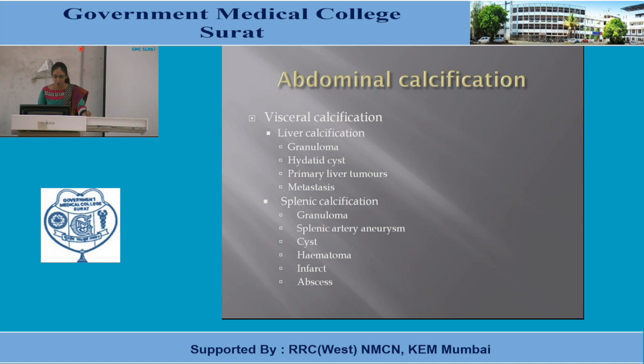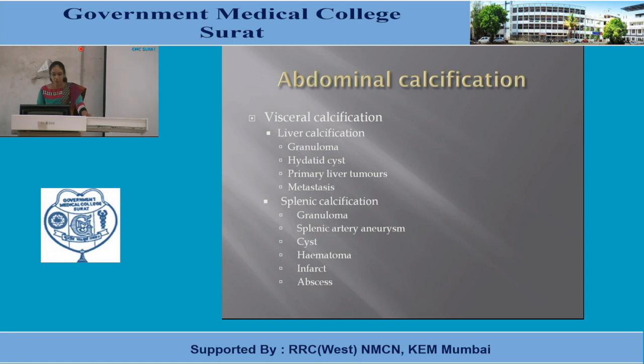In case of hepatocellular carcinoma, we can find calcification within the liver, or metastasis. Metastasis is secondary from some other primary malignancy. In case of mucinous cystadenocarcinoma of bowel, we can find calcified metastasis in the liver.